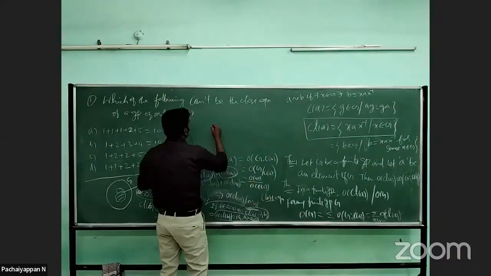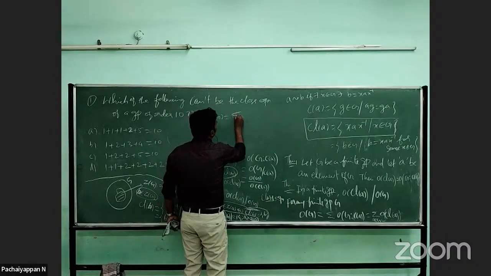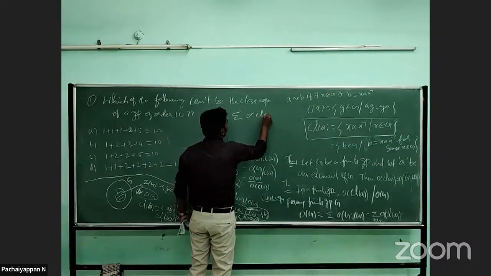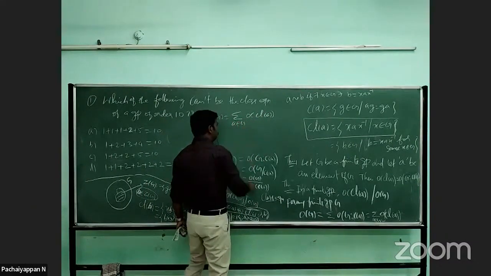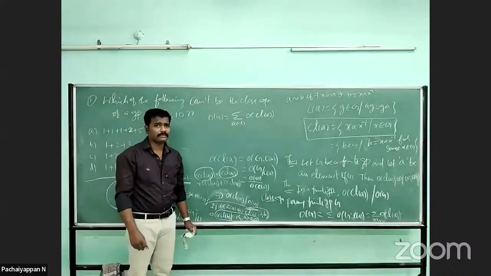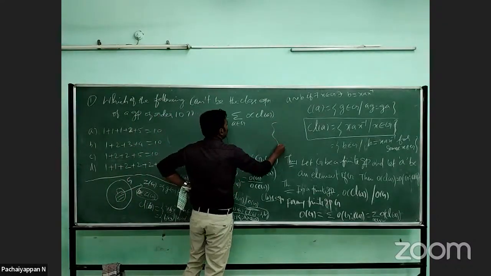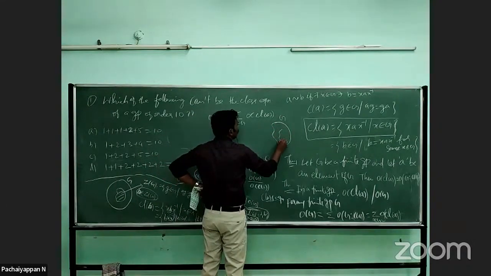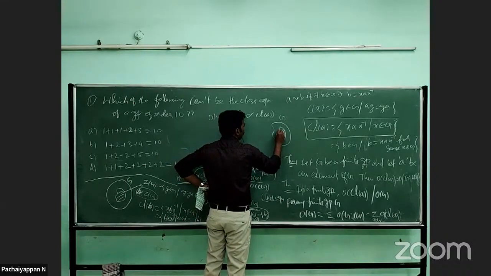Order of the center of G equals the summation of the order of the class of A, A in G. This is the class equation. Suppose this is G. This is your center. I would like to write the center as A1, A2 and A3, only 3 elements.